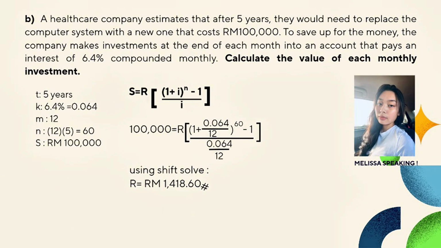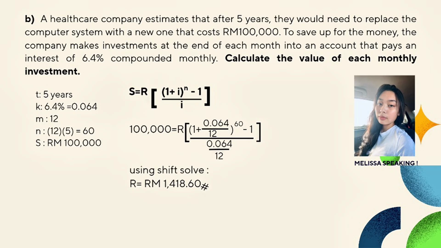My task is to calculate the value of each monthly investment known as R in question 2b. You may see the solution down below as I'm using the annuity formula to find the future value of annuity, and that is S to find R. Firstly, I would list down all the information given, whereby T is equals to 5 years, K is 6.4%, M is compounded monthly, which is equals to 12, followed by I is K over M equals to 0.064 over 12.